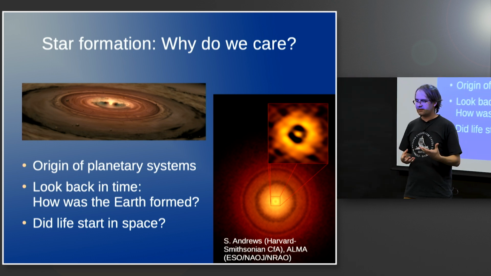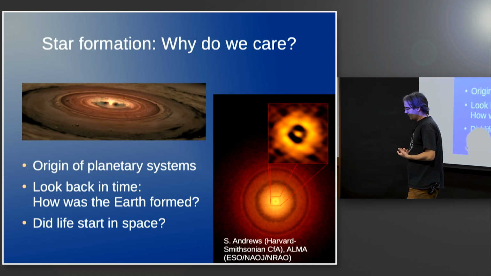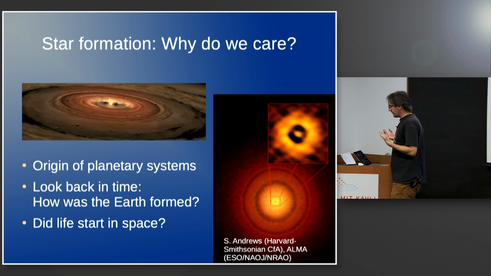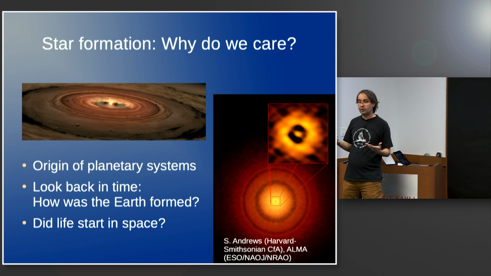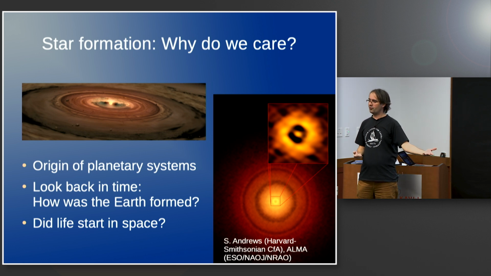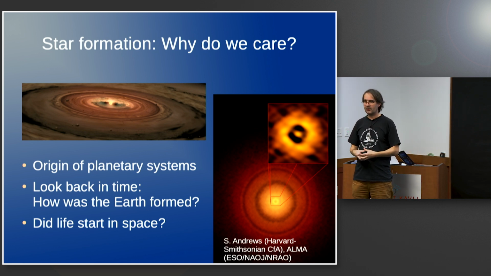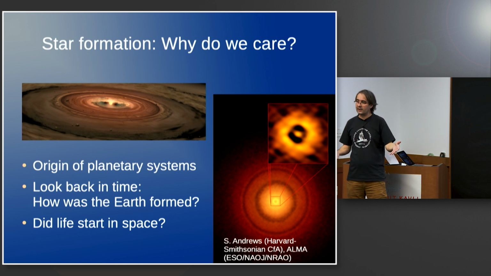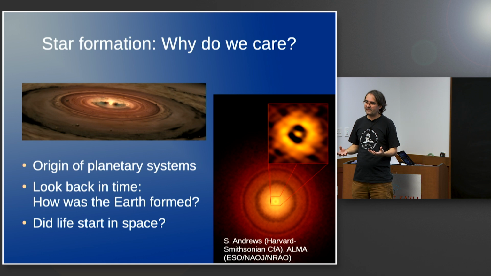One interesting tidbit, or one idea, is that life, or at least certain biomolecules, may have formed in space first and then come onto the Earth frozen in comets. Not necessarily, like, don't think of an animal walking, but think of amino acids.